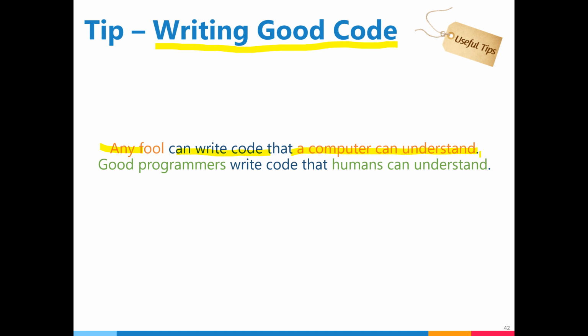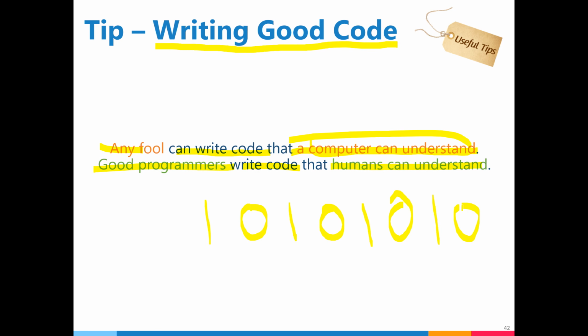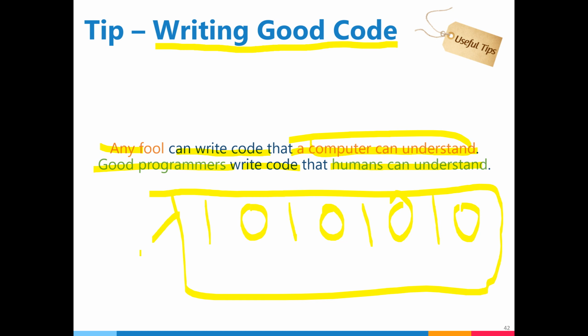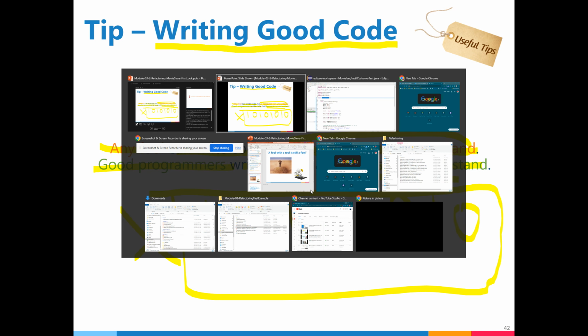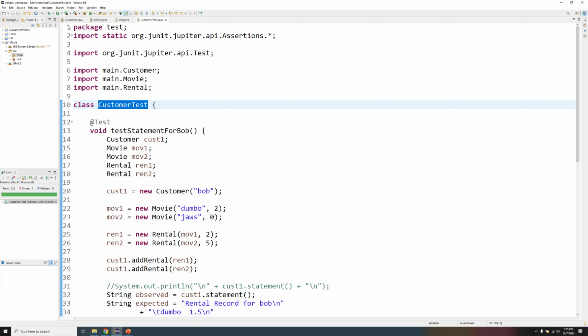This is my favorite quote. Good programmers write code that humans can understand. The computer actually shreds everything into ones and zeros, right? So we are writing code for us, not for computers. Because we will be reading and reprocessing it, our code should read like a well-written article, okay?